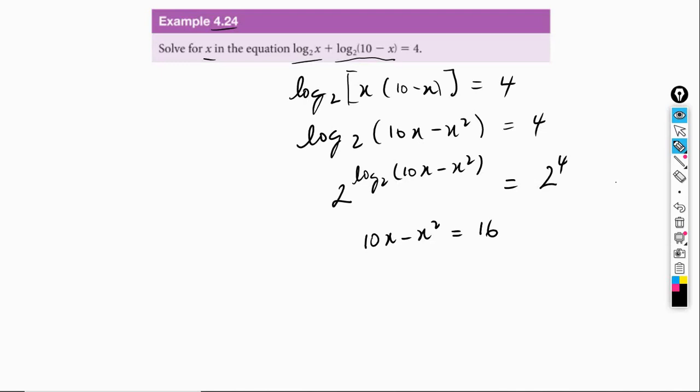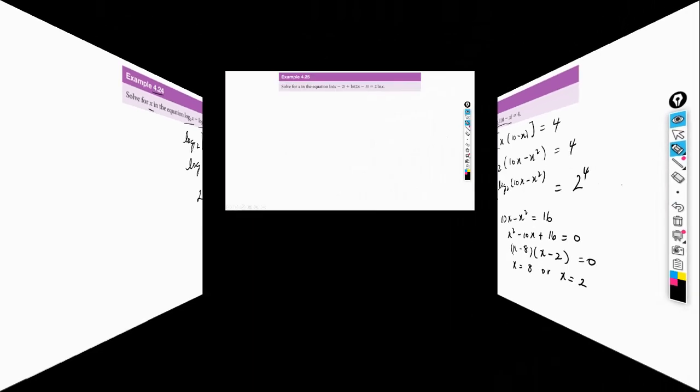Rearranging, we get x squared minus 10x plus 16 is equal to 0. Then we can factor this, and it's going to be x minus 8 times x minus 2 is equal to 0. So the solutions would be x equals 8 or x equals 2.